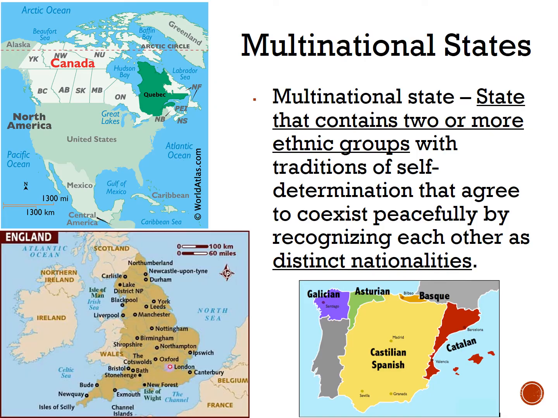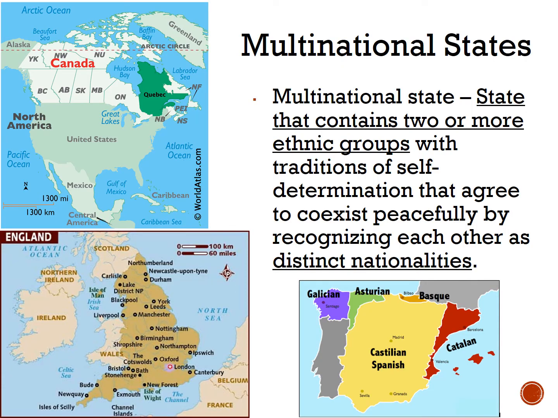The United Kingdom is another great example. This is a single state, but with 4 nations: the English, Welsh, Scottish, and Irish nations. The Irish are physically fragmented and occupy the northern part of the island of Ireland.